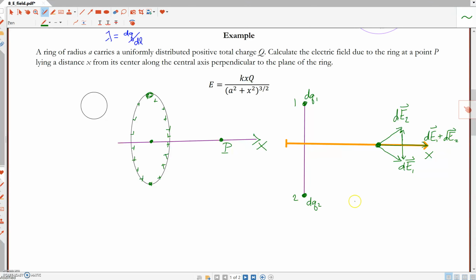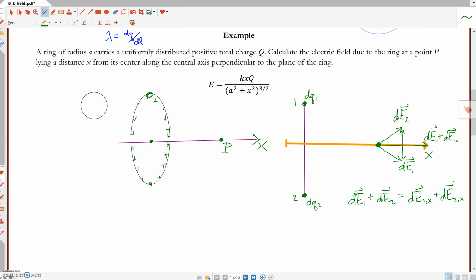So dE1 plus dE2 is equal to dE1 in the x direction plus dE2 in the x direction. So that's really convenient for me because I can simplify things this way. Okay, so let's make it a little more complicated.